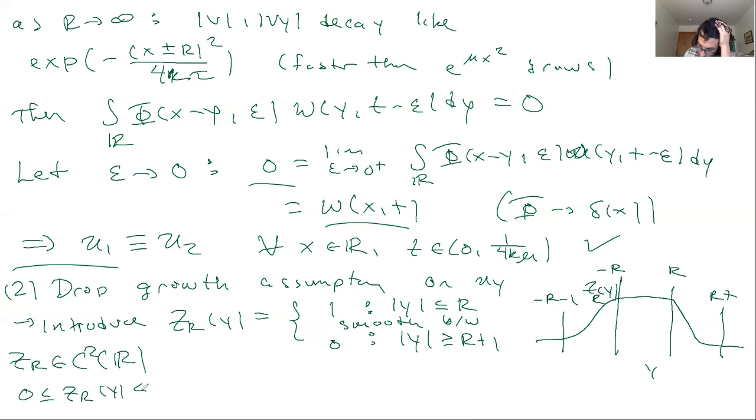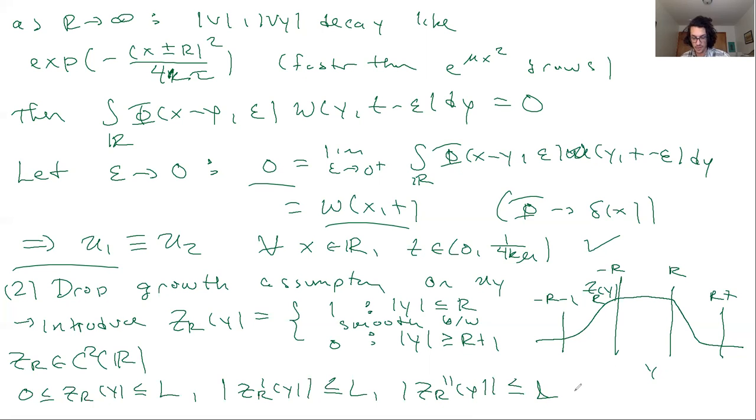And Zr of y, right, is bounded from above by something. We'll call it L. Zr's derivative, we'll say, is bounded by that same thing. And Zr's second derivative is bounded from above by that same number. So we just pick this number L that is an upper bound on the first, second, and 0th derivatives, okay?